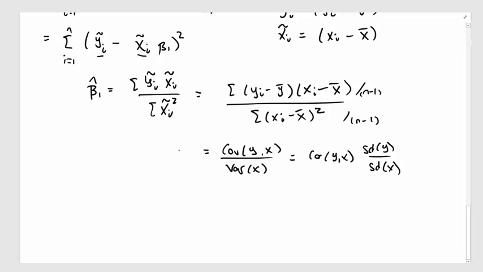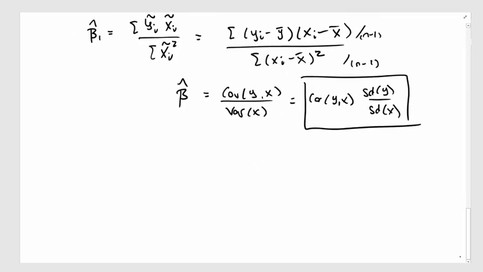So my beta 1 hat has to be this, the formula that we gave. Then my beta naught hat is given above as y bar minus beta 1 hat x bar.